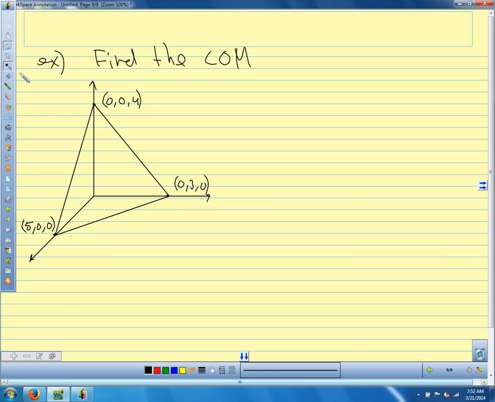So we want to find the center of mass of this solid region bounded, in the first octant, by this surface. So that's our setup. That's all we're given. What do we need to do here? What are we missing?